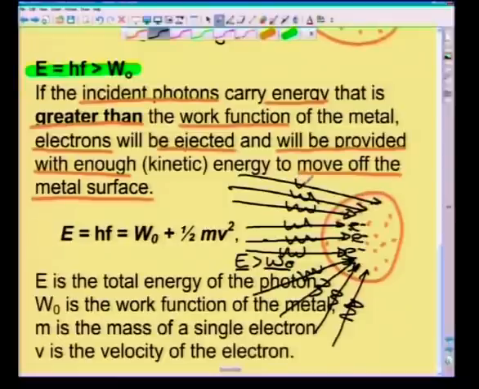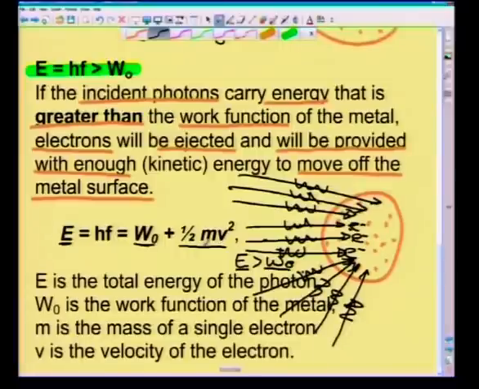It means that you have more electrons being ejected. If 3 were ejected when you had 3 photons, now you have 1, 2, 3, 4, 5, 6, 7, 8, 9, 10. You will have 10 electrons ejected from that surface, because the energy you're bringing in is greater than the work function. So what is left, the remaining energy, is converted into kinetic energy.